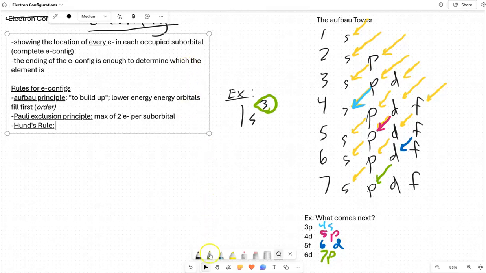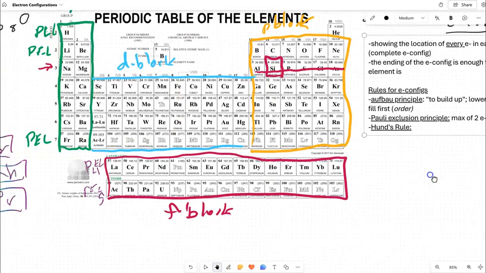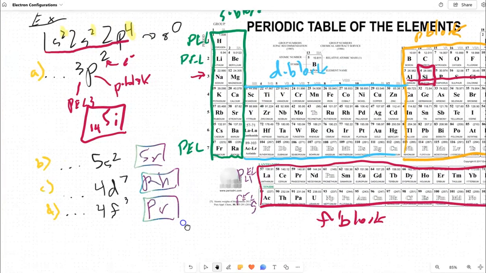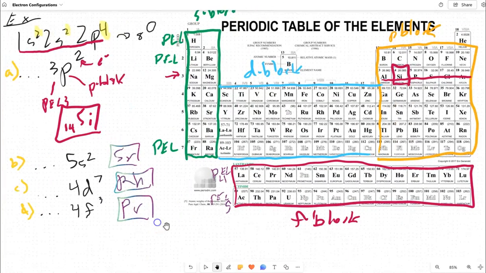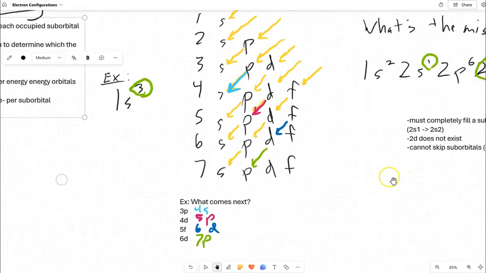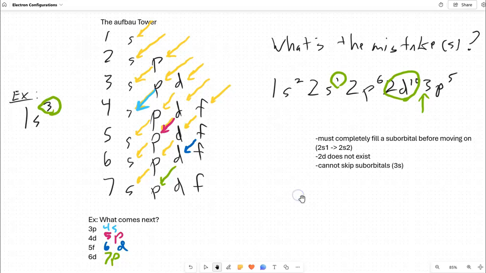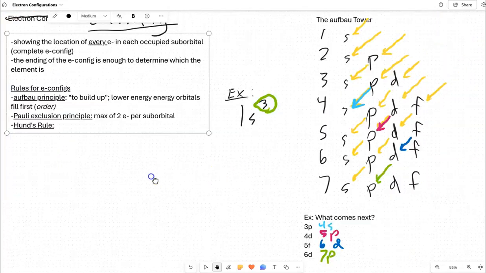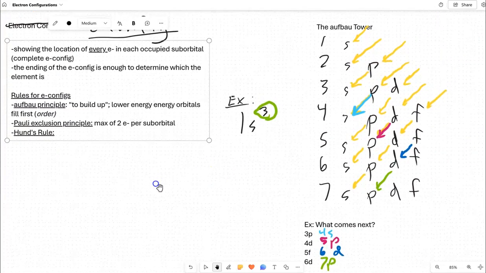Based on all of the awesome electron configuration stuff you already know how to do, writing the code, even by endings and identifying elements, and being able to use the off-bow and essentially knowing everyone in order always, and being able to fix mistakes, and Pauli caps at 2. Okay. Hund's rule would not be seen in any of these circumstances.